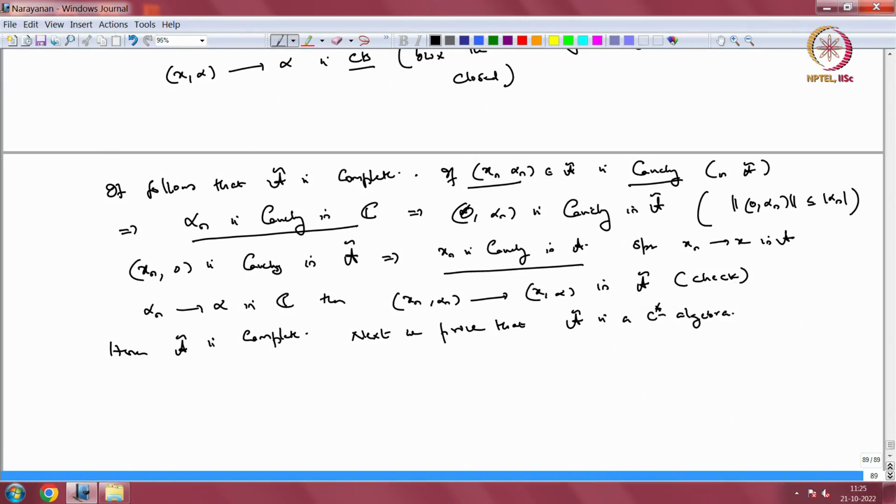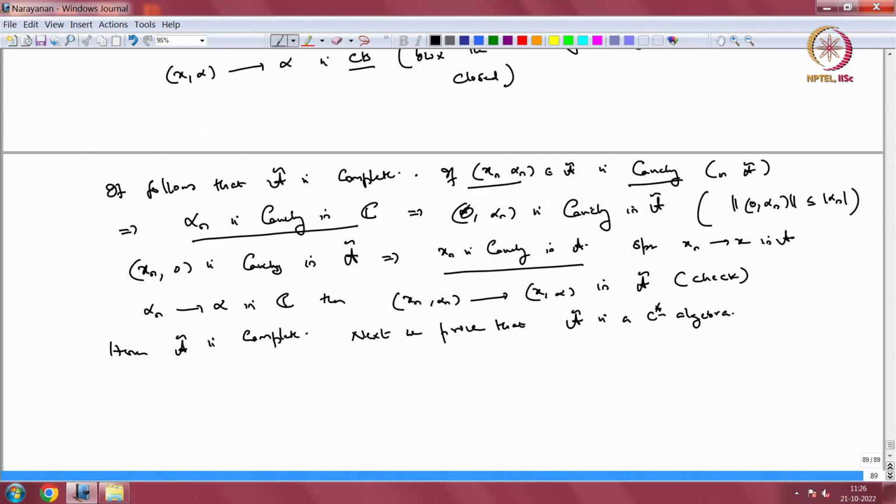If you recall, we started with a non-unital C star algebra, we attached an identity to it, and any element in that bigger algebra A tilde acted on A, because A was an ideal, and that gave us a bounded linear operator from A to A, and we use that as the norm.